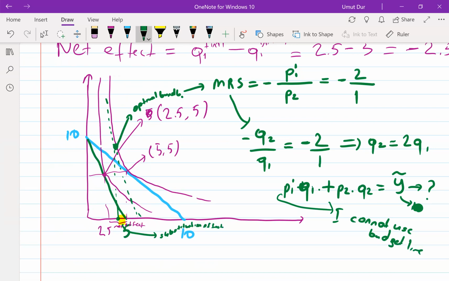So how can I find the exact values of this Q1 and Q2 for this substitution? Do I have another equation here that I can use?